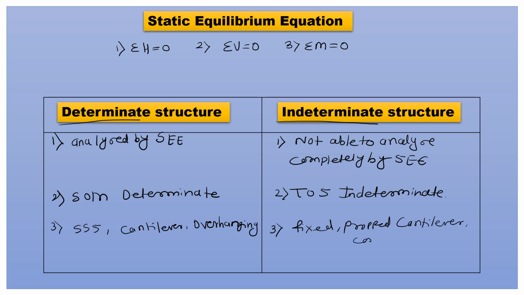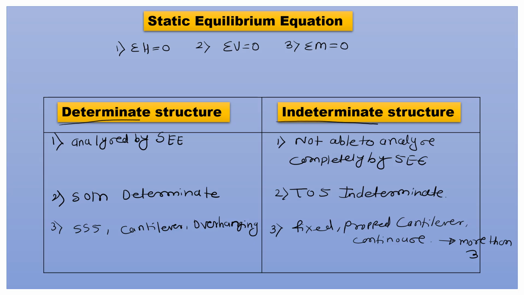These are not fully calculated by static equilibrium equations, because in the fixed, propped cantilever and continuous beams the number of unknown reactions is more than 3. We cannot calculate more than 3 unknowns with these 3 equations, so they are indeterminate structures.